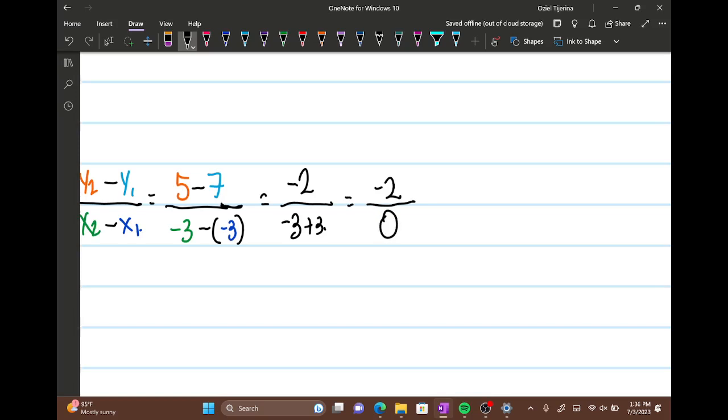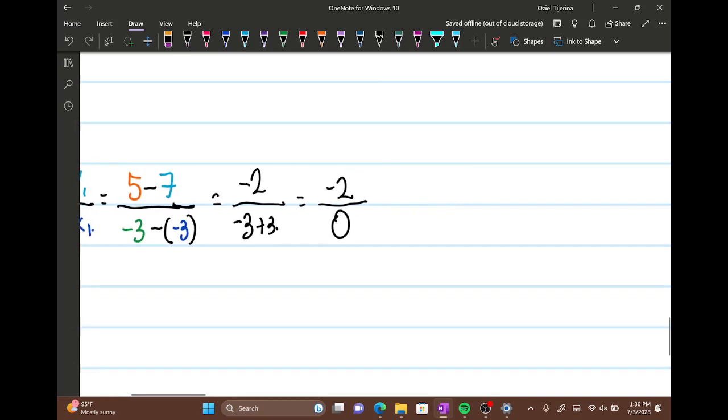Now, here is the very important part, guys, and this is where a lot of people really mess up. And I want to reiterate this, when I tutor, I always have to remind the students that this is not equal to 0. We want to avoid that. I am begging you guys, avoid saying that because it's wrong.